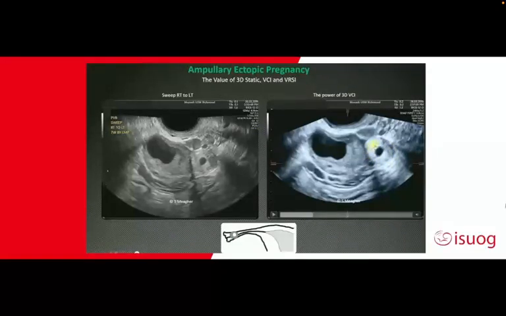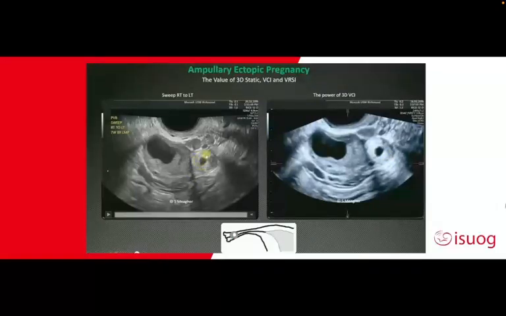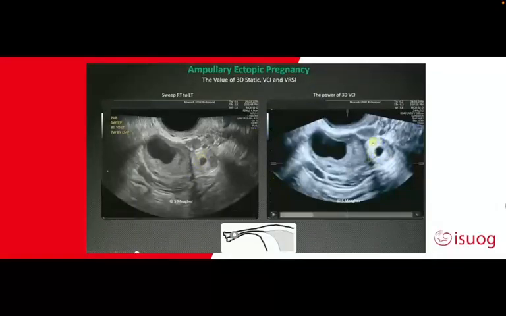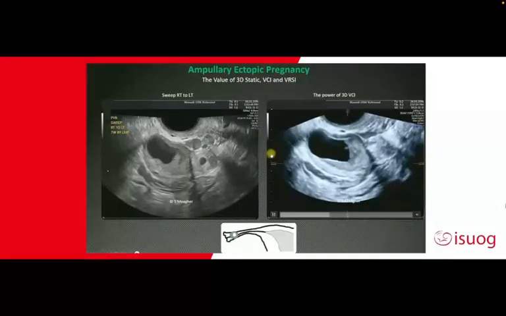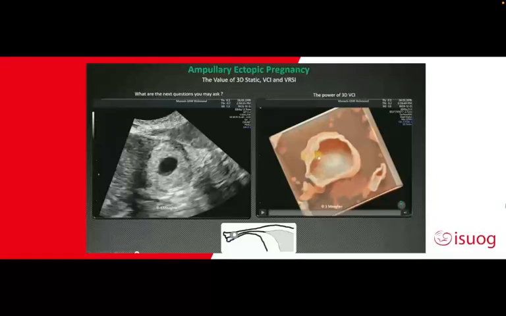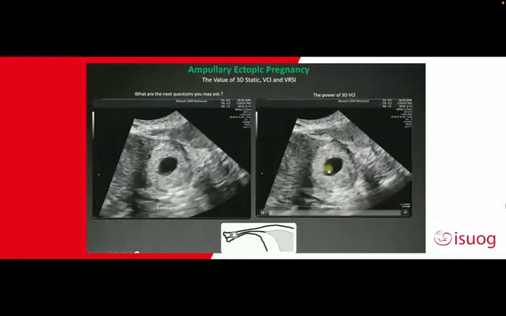3D becomes a very powerful tool in distinguishing the exact location of trophoblast, and I will make reference to this throughout the talk today. Compare the trophoblast ring here on 2D, which is indistinct, with how clear it is on 3D evaluation. So 3D doesn't always necessarily mean rendering, as is demonstrated here.